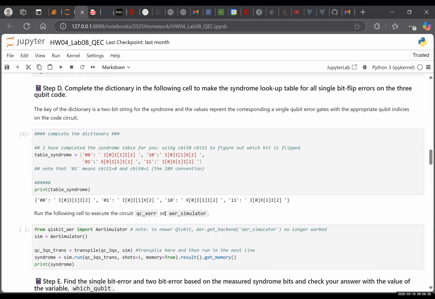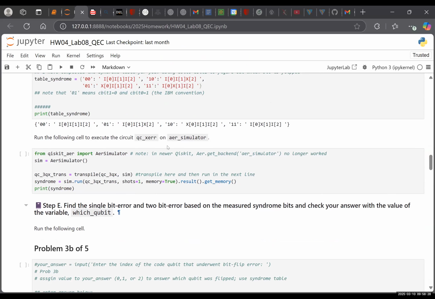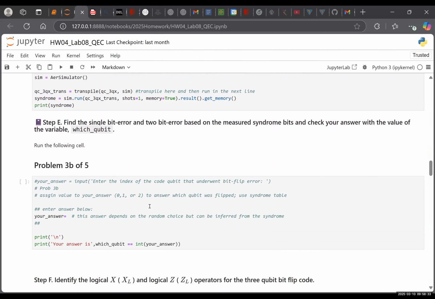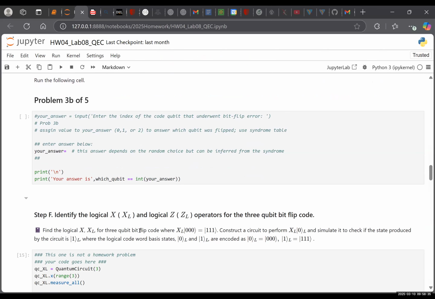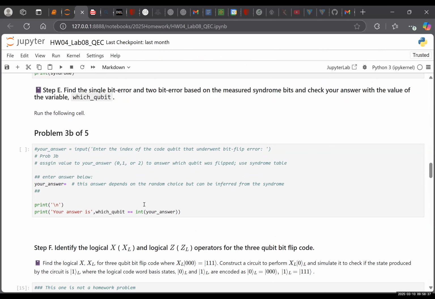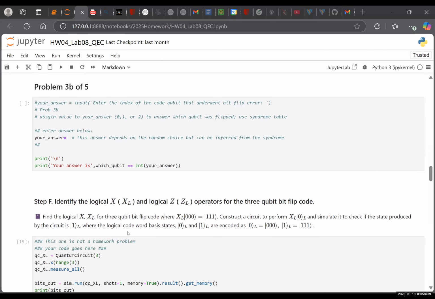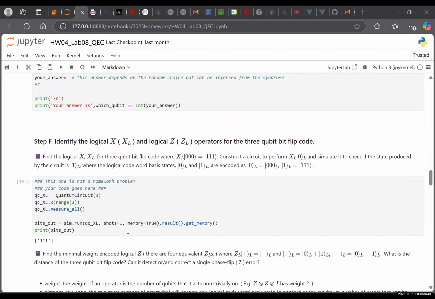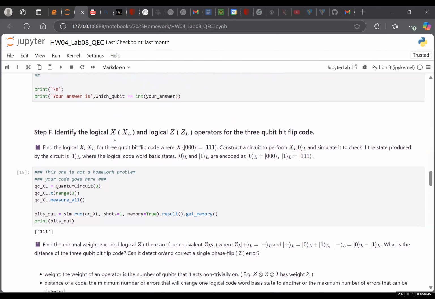So you already played with this and you can figure out, and then you apply the X to correct. So yeah, this is logical X, as I said, product of three X flips 000 to 111. So this is a logical gate.